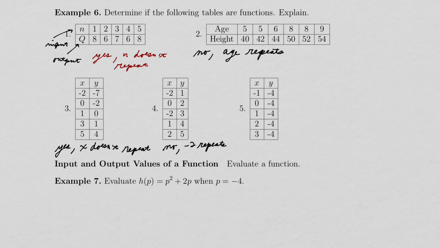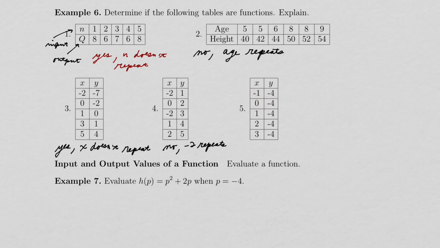And then how about the last one here? Even though all the outputs repeat, right? In fact, they're all the same in this case. If we're asking whether it's a function, we only care, do the inputs repeat? And in this case, no, the inputs don't repeat, right? Each input is associated with one and only one output. It happens to be the same output, but each input is associated with one output.